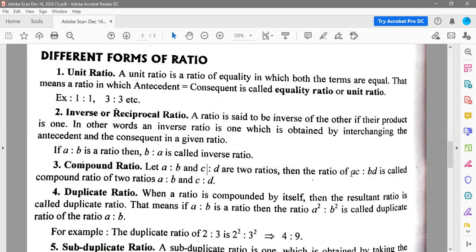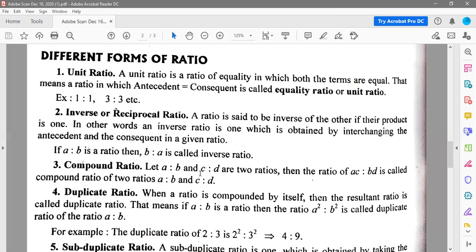So the compound ratio will be ac is to bd. So let a is to b and c is to d be the two ratios. Then the ratio of a into c and b into d is called the compound ratio. We are multiplying the antecedents together and the consequents together.